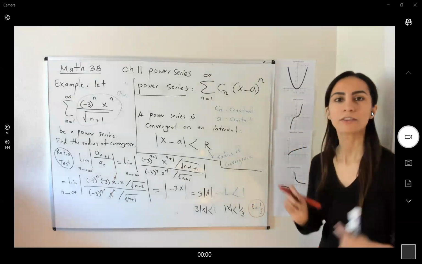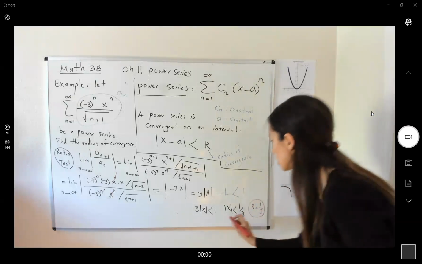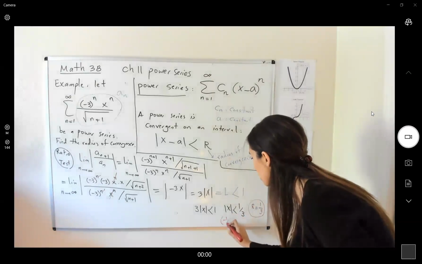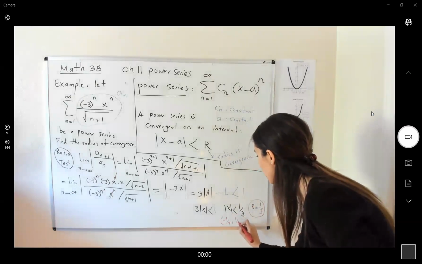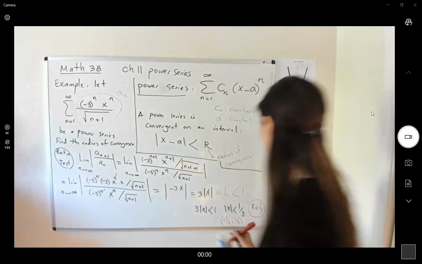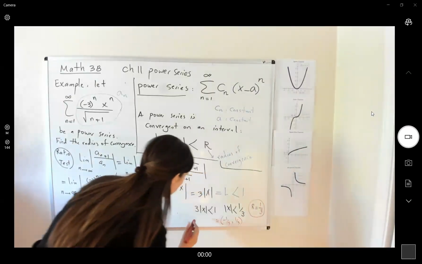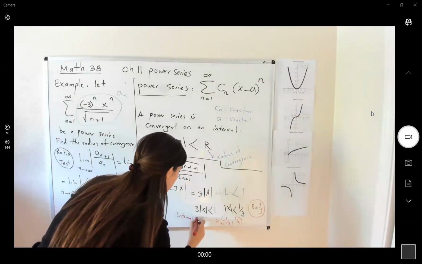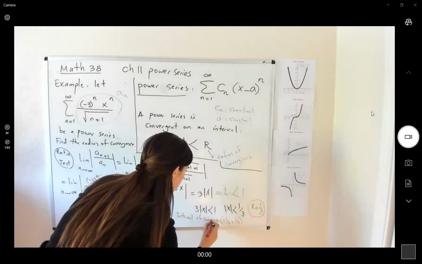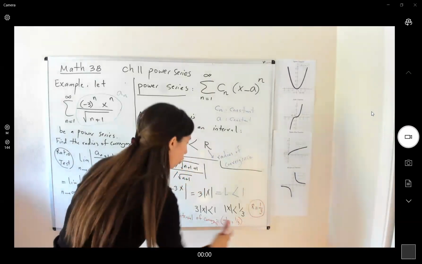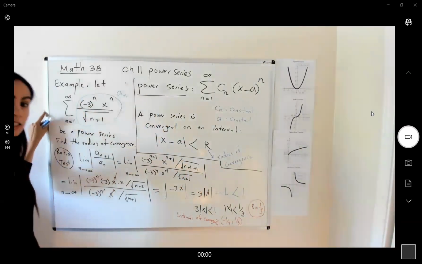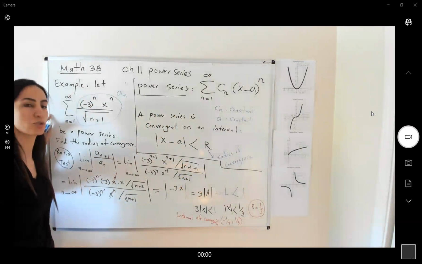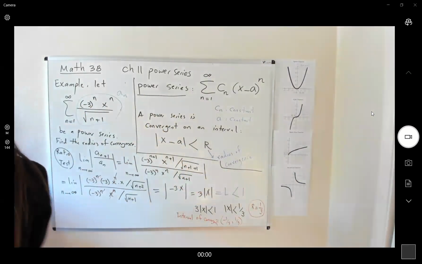So in this case, the interval of convergence is negative a third to a third. Over this interval, this power series is absolutely convergent and also convergent.